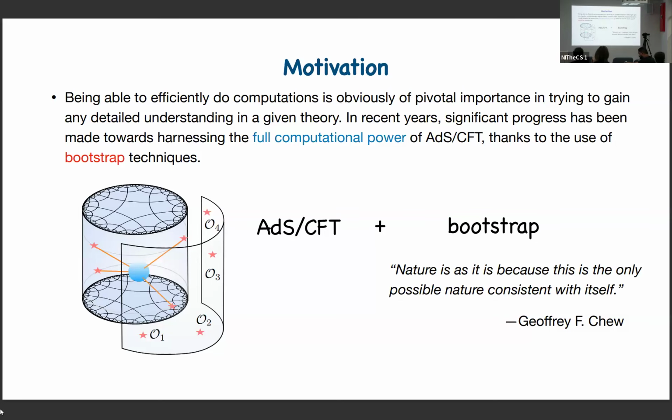Okay, so what we talked about in the past two lectures, the goal was to harness the computational power of AdS/CFT. As we saw in these previous lectures, doing brute force calculations in AdS/CFT is actually quite hard, and to get more out of this correspondence, we should find a way to do these calculations more effectively.